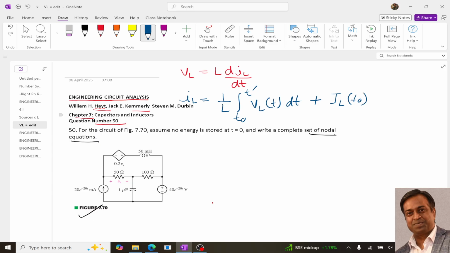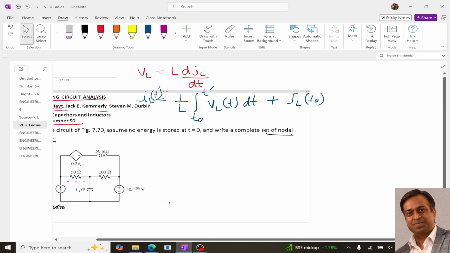Now this IL(t0) is the initial current flowing through the inductor at time t equals t0, and from t0 to t dash we are integrating the voltage to get the current at t equals t dash, right? So these are the expressions for the inductor.